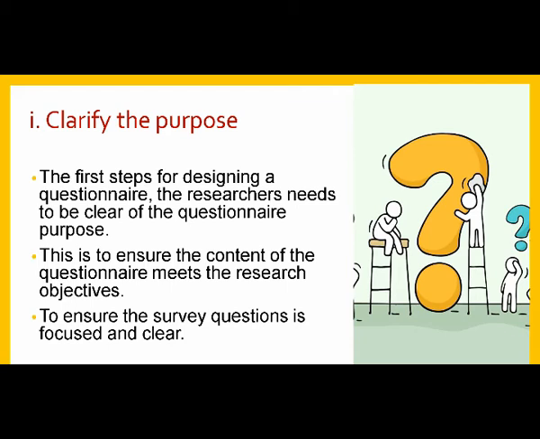In order to do this, he needs to revisit the research objective and be clear on what issues he is trying to explore in the first place. This is important because it will ensure the questionnaire questions meet the research objective and that the questions being designed are focused and clear.